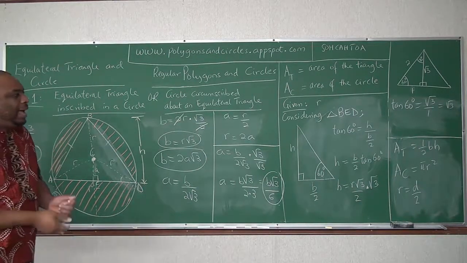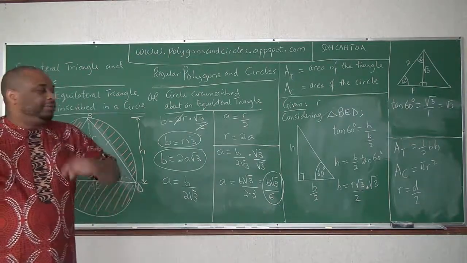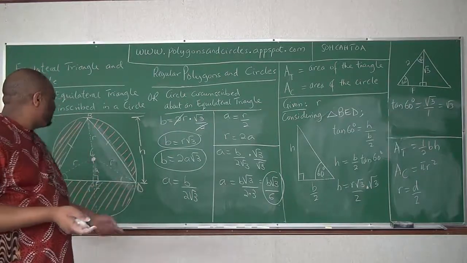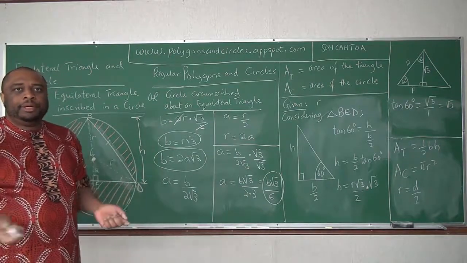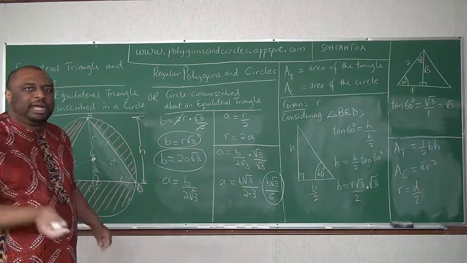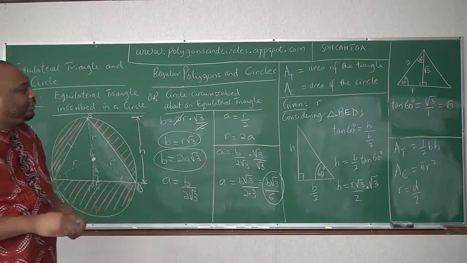And they might give you only one thing: the radius, or the base of the triangle, or the half base, or height, or the apothem of the triangle. Any one they give you, and you find the whole thing. No problem. That is the way you do it.